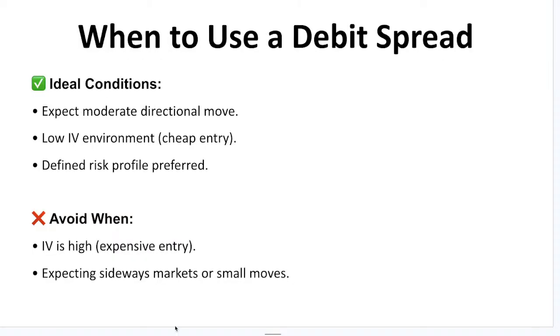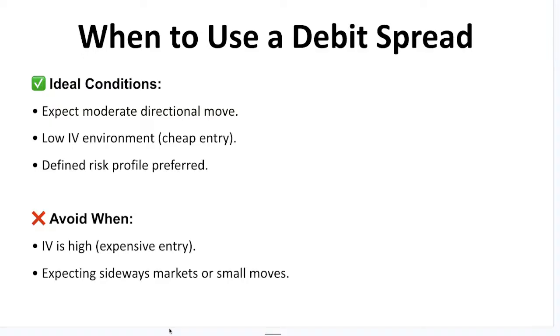Okay, so when to use a debit spread? Ideal conditions: expect a moderate directional move, low IV environment, defined risk profile preferred. If you know how much you're going to lose and you cannot afford to lose the whole contract, like if you buy a straight call that costs $4, which is equivalent to $400, and you think the risk is too high, you do a bull call spread for $2 instead of $4.